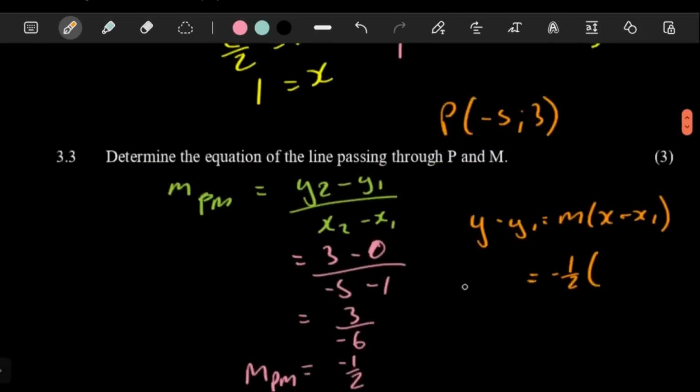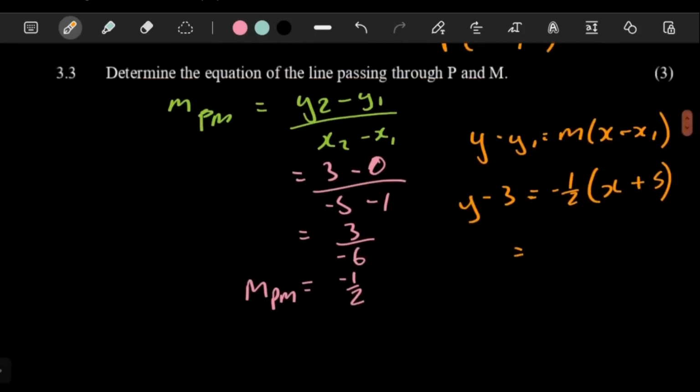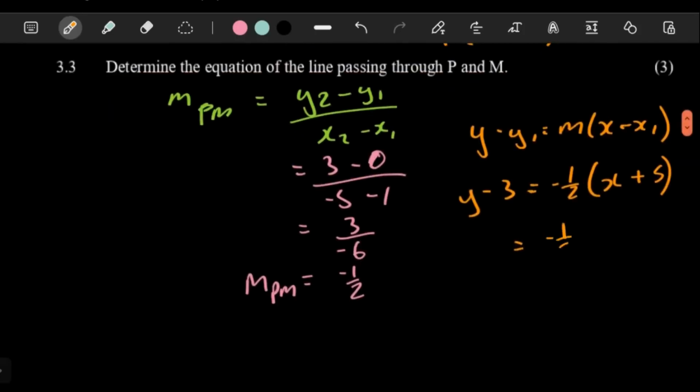So this is like y minus 3 equals negative a half times (x plus 5). Because it's a minus negative 5, you're going to put a plus 5 here. Multiplying inside your brackets, you can have negative a half x and then negative 5 over 2 there. And then obviously when the 3 goes over, you're going to be plusing it.